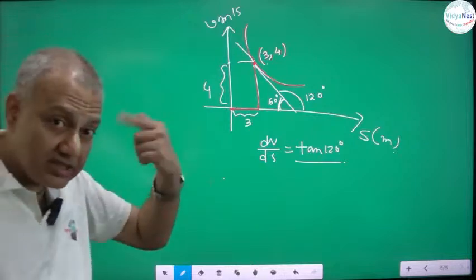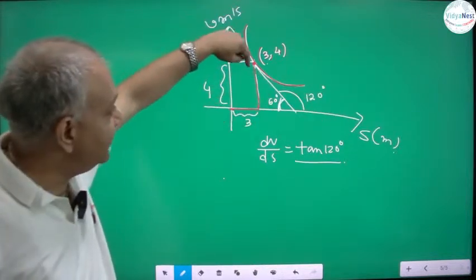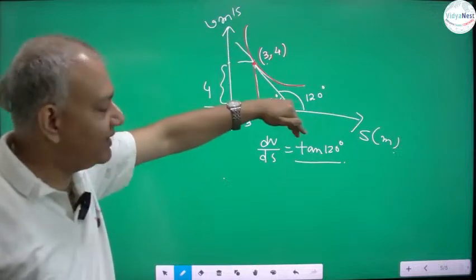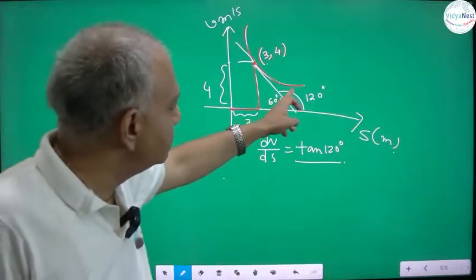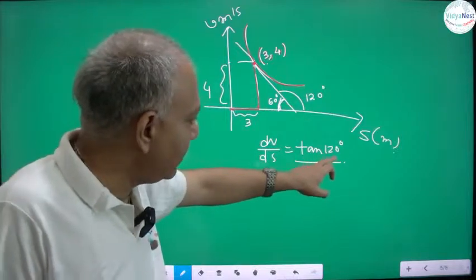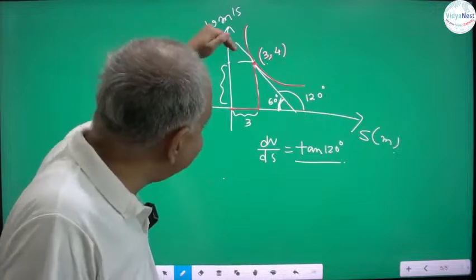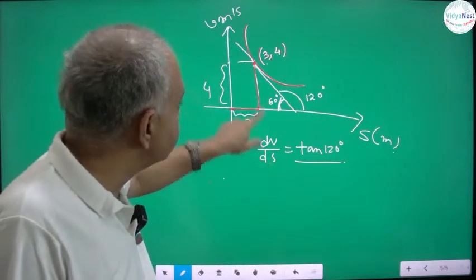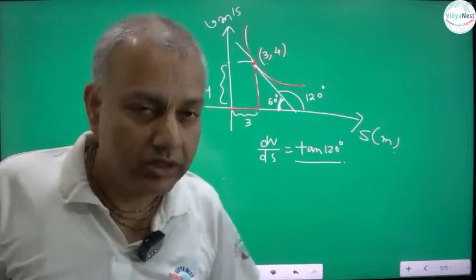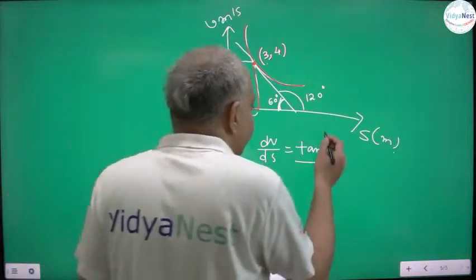Because we have discussed that for any graph, if I draw a tangent at that point, the slope of that tangent, tan of that angle, is the rate of change of velocity with respect to displacement in this situation. Already in the previous calculus class we discussed this.